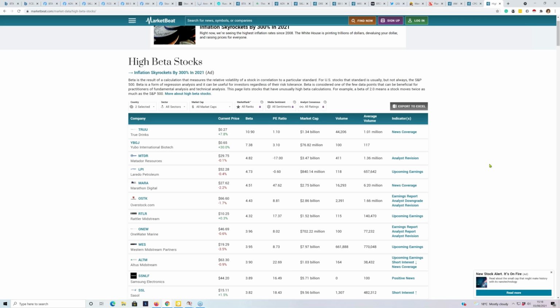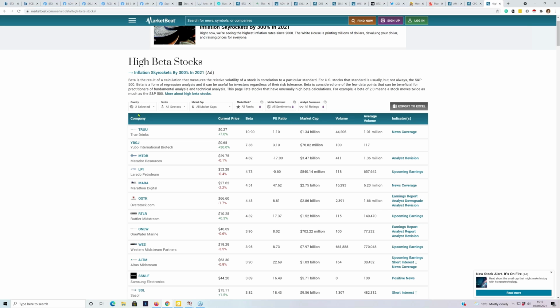There are a couple of other approaches or factors to consider. One of them is market breadth, but I'm not going to cover market breadth today because I need to get some more data and some sites so that I can give you that information. But the other one is beta, and it's explained here at MarketBeat. High beta stocks: beta is a value that is given to a stock, and it tells you whether it moves more than the index.